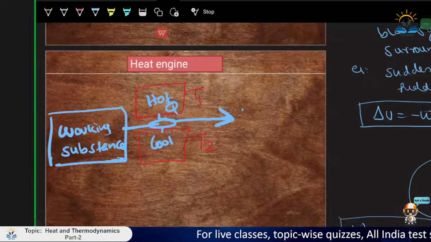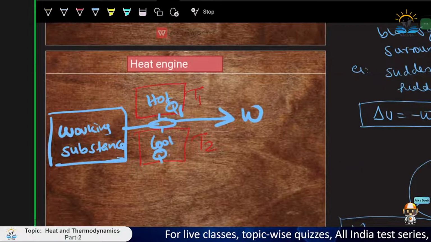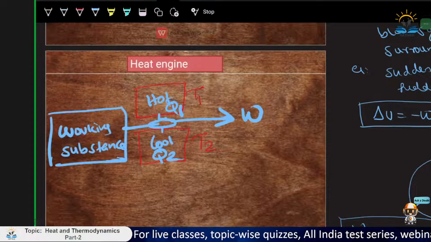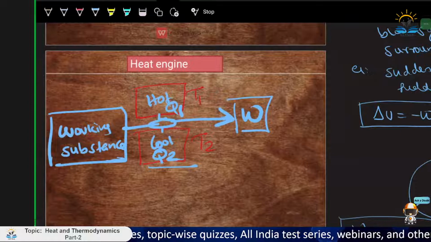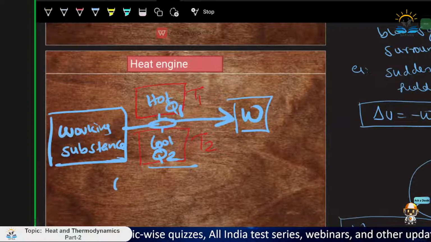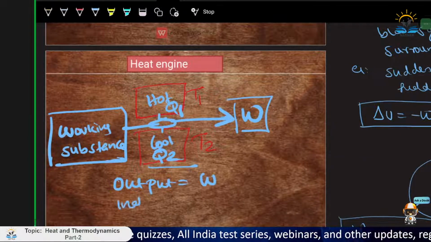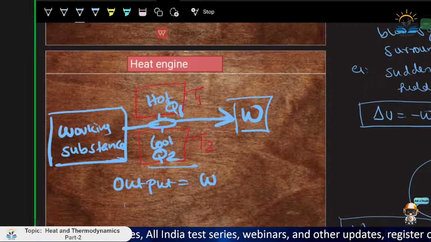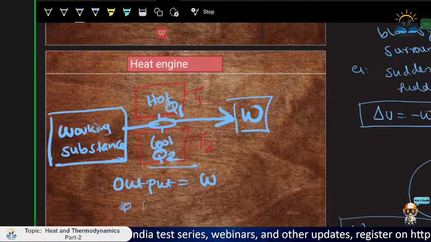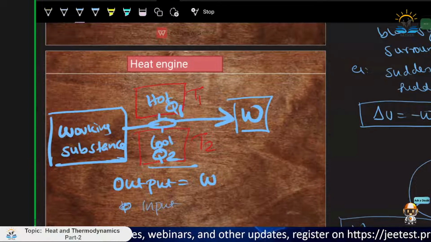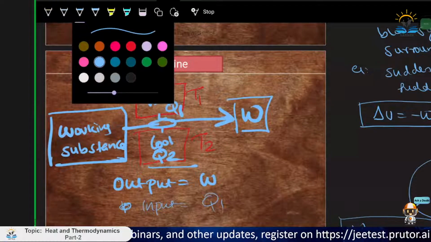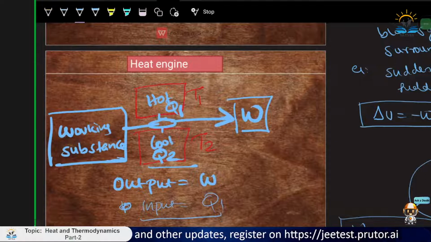So what is the output? The output is our work W. What is the input? The thing we give to the system: Q1 is the input.